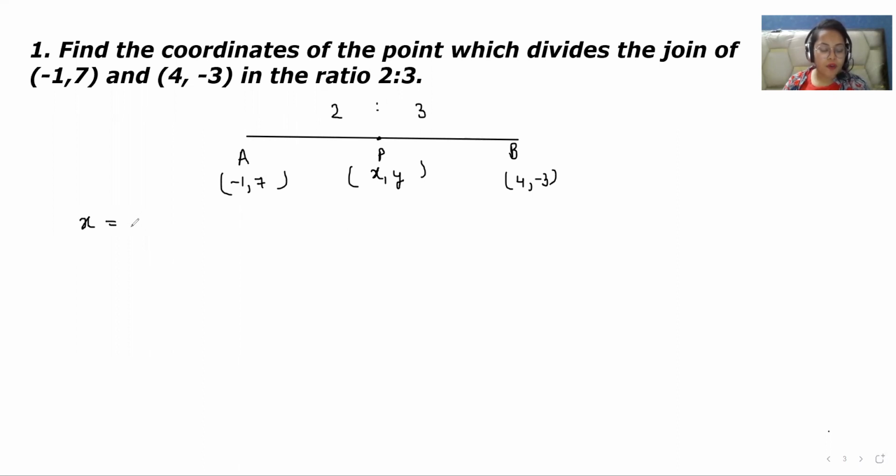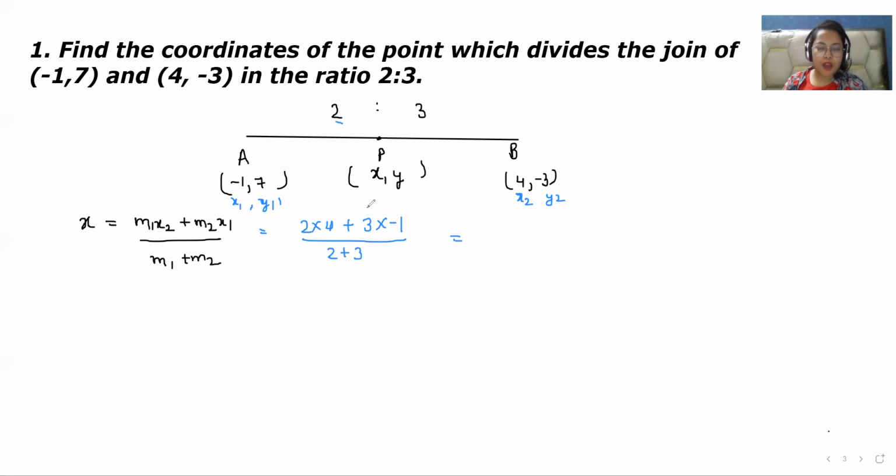So for x, our formula was m1 x2 plus m2 x1 over m1 plus m2. m1 is the first ratio, that is 2. x2 is the x coordinate of B, 4, plus m2 is 3, multiplied by x1, which is -1, the coordinate of A. I can write it for you: this is x1, this is y1, this is x2, this is y2, over m1 plus m2, the ratio 2 plus 3.